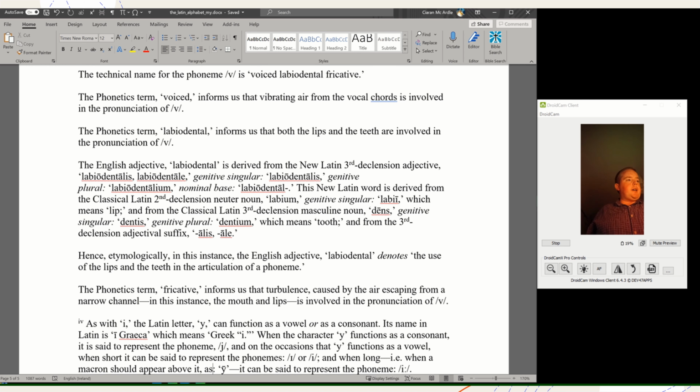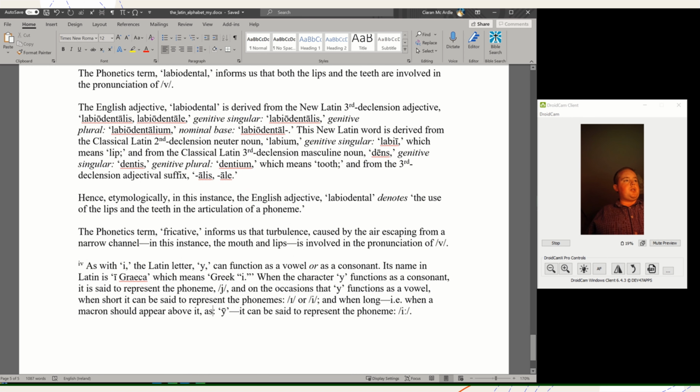As with I, the Latin letter Y, or to give it its Latin name, E Graeca, can function as a vowel or as a consonant. When used as a vowel, sometimes it can take a macron, sometimes it can be long. Its name in Latin is E Graeca, which means Greek eye.